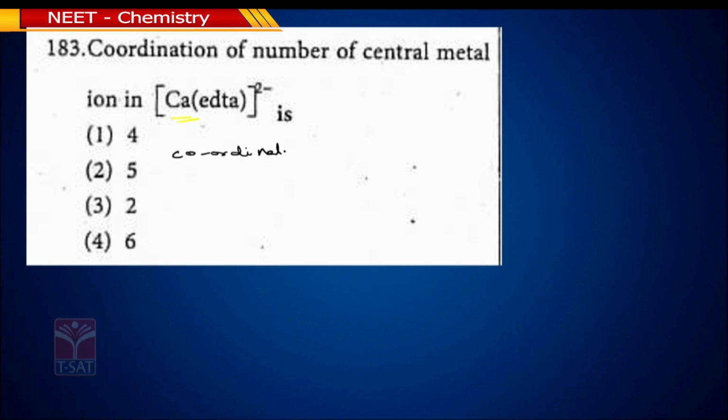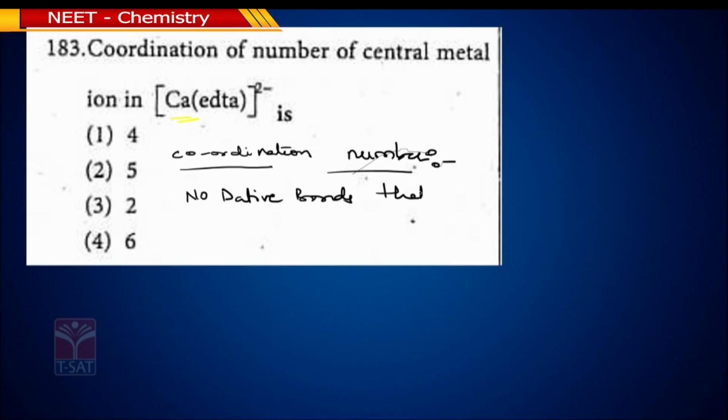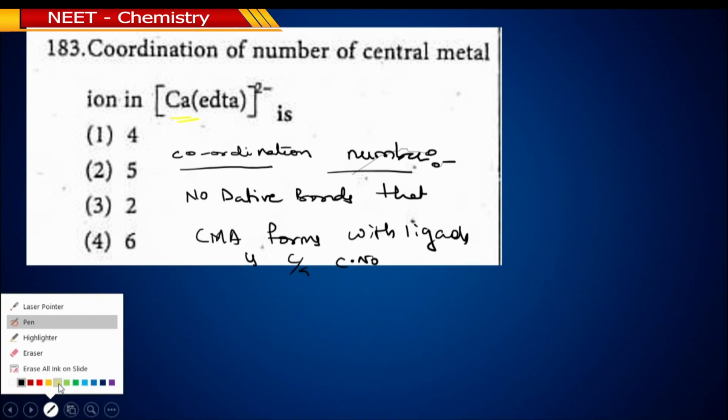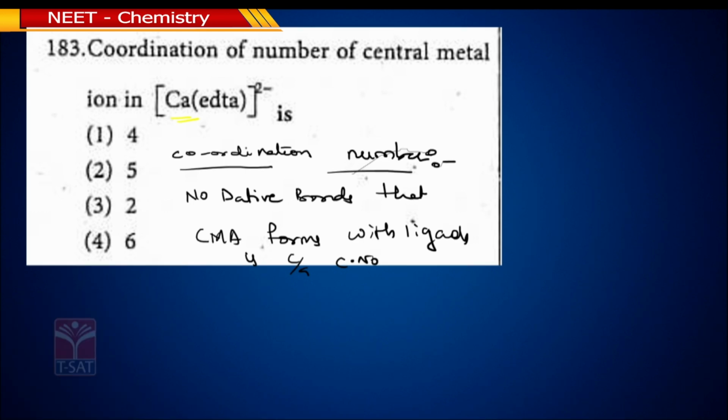The number of dative bonds that the central metal atom forms with ligands is called the coordination number. Here, how many dative bonds can calcium form here?